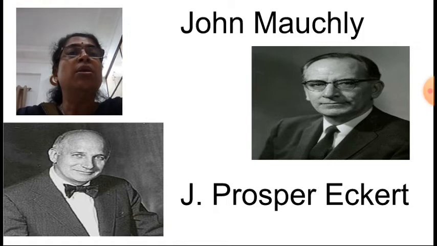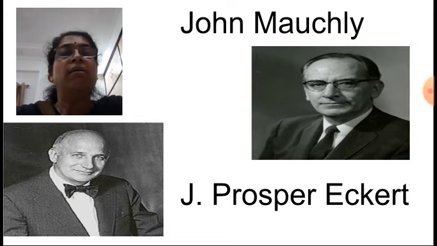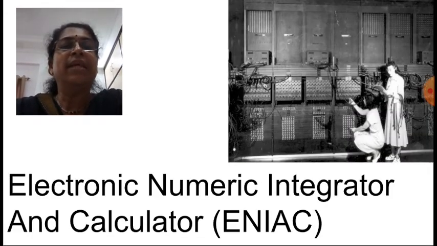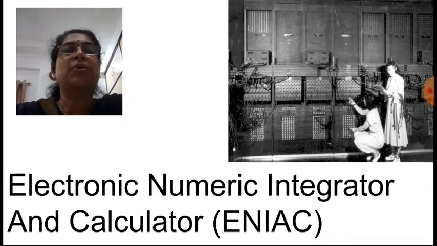Now, John Mauchly and J. Presper Eckert, these two persons invented this computer, ENIAC. What is the full form of ENIAC? It is Electronic Numerical Integrator and Calculator. In ENIAC, they used vacuum tubes.